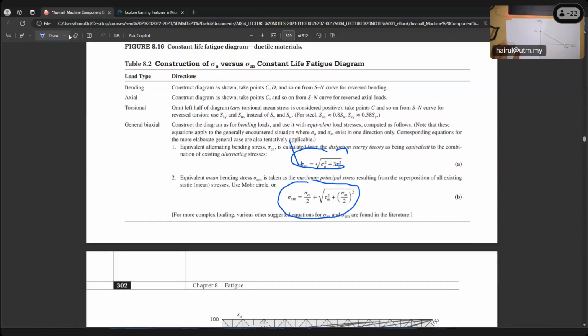Make sure you highlight in your textbook these two equations. You calculate sigma EA, you calculate your sigma EM. So this is the sigma EA you calculate, and this is the sigma E mean that you calculate. All right, so this is your point.